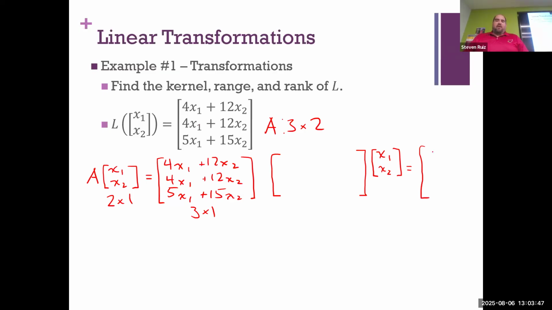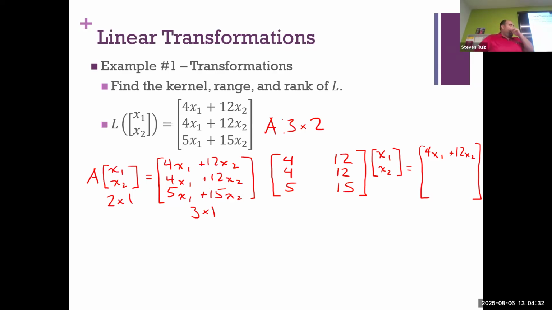If I know the top row of my output vector looks like this, 4x1 plus 12x2, then what should the top row of A look like? 4, 12. So yeah, think about the way we multiply matrices. If I multiply this row 4, 12 by the column x1, x2, I'll get 4 times x1 plus 12 times x2. So if we follow that logic, what does the rest of this matrix look like? 4, 12; 5, 15. So that's A.